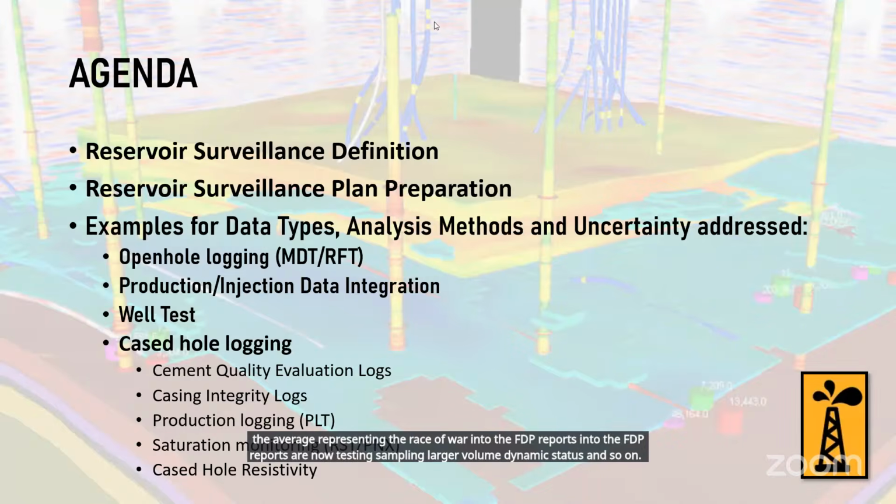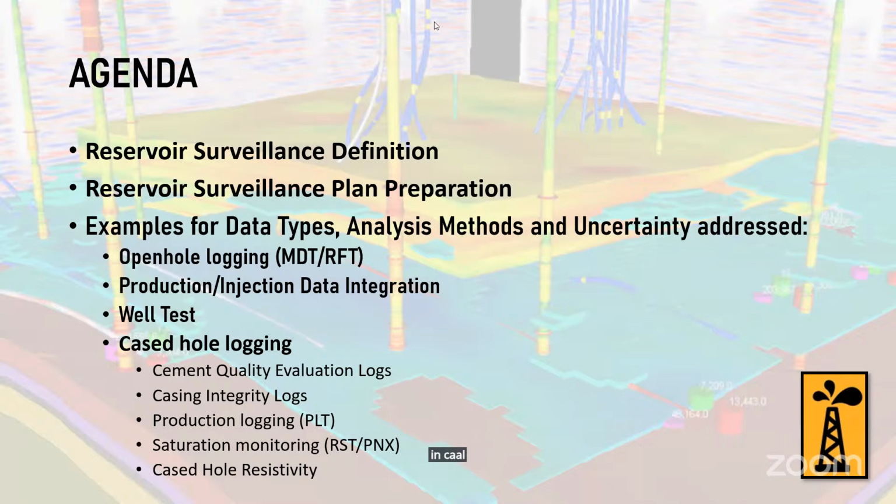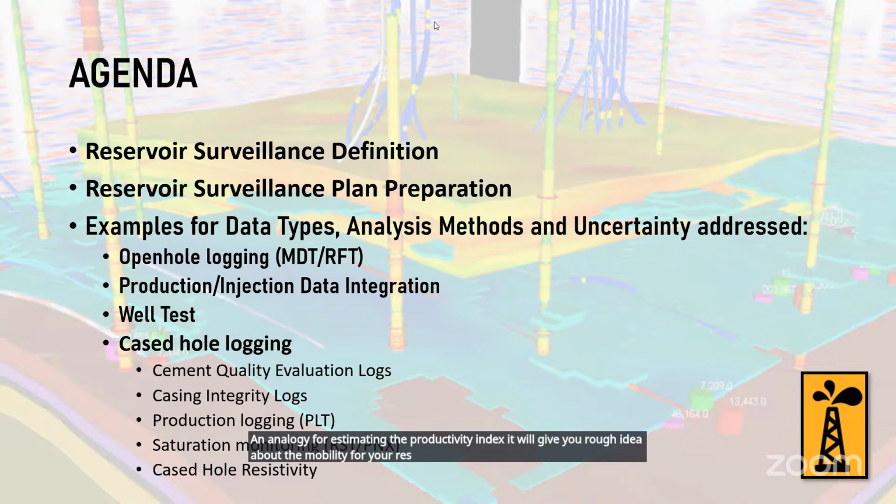Okay, so actually from the MDT, you can use the mobility in your estimation of the productivity index, in case you don't have any offset wells or any analogy for estimating the productivity index. The MDT will give you a rough idea about the mobility of your reservoir. This is the first thing.